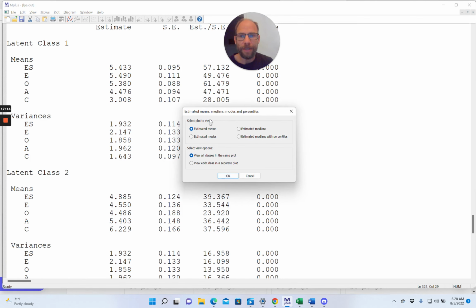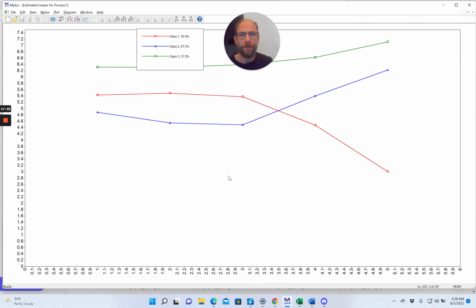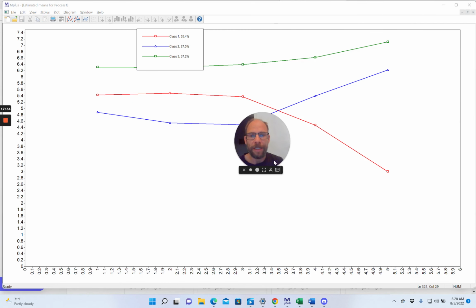The default is that the plot will show the estimated means across those classes, and that all classes will be shown in the same plot, which you typically want, because then you can directly compare those profiles of the estimated means. So you just hit OK, and then you get this plot of the class-specific means.